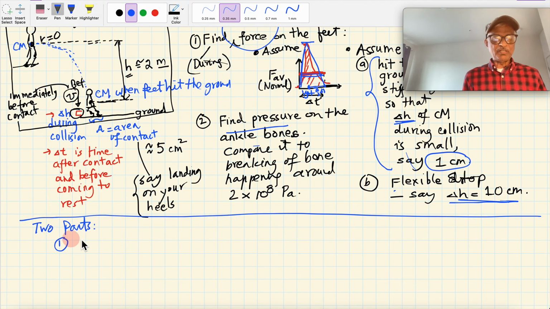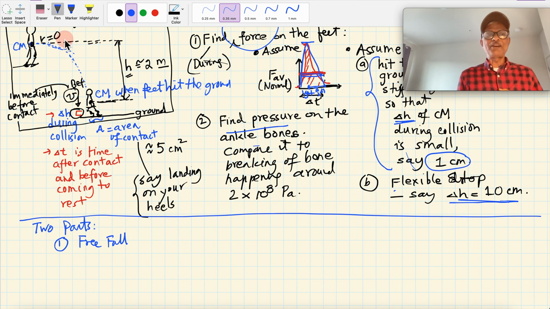So the first part is free fall. We're just looking at vertical speed, which is 0 here. You may ask, how come this guy goes to the right side, or you might give this guy horizontal speed, along x, with this being the y.